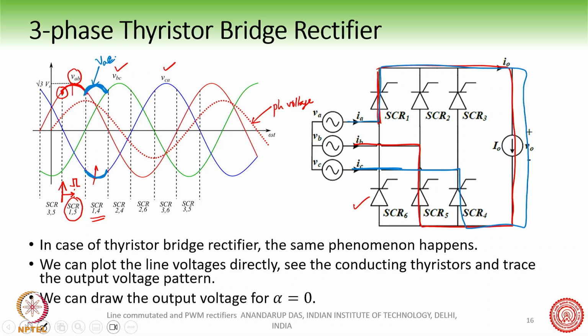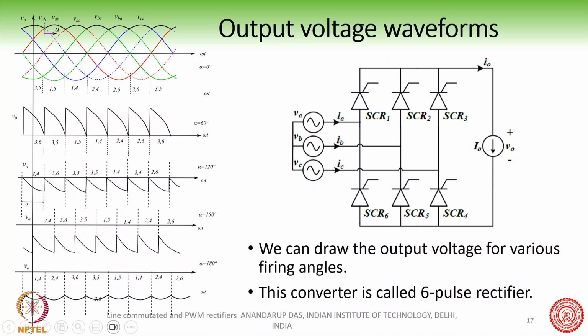If we plot for different values of alpha, at alpha equal to 0 you have this voltage coming like this. This is the starting point, alpha equal to 0, so you will get this voltage at the output. Here you can see this is 1 and 5, 1 and 4, 2 and 4. Now if you shift your firing angle, look how 1 and 5 is shifting. 1 and 5 started here, now 1 and 5 is starting here, so you have shifted by 60 degrees, alpha equal to 60 degrees.